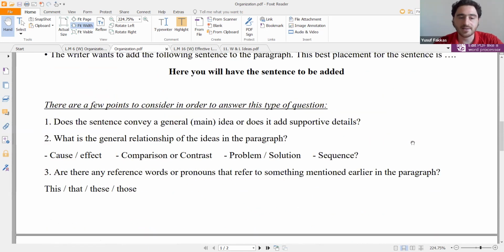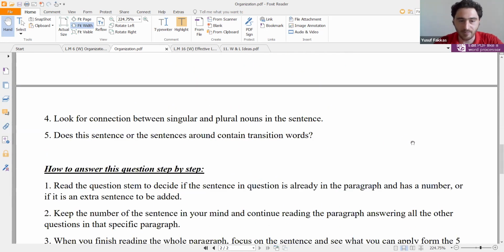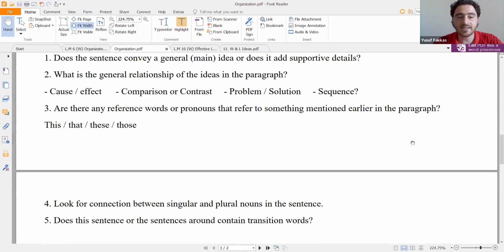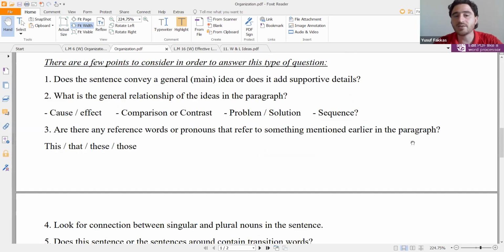So how can I do that? What kind of things are going to help me? First of all, as you can see here, guys, we have 5 things that we can use to help us understand where this sentence should be placed. First of all, from your reading and from all the different types of practice we're doing, you try to get a sense of what kind of information I have in this sentence.